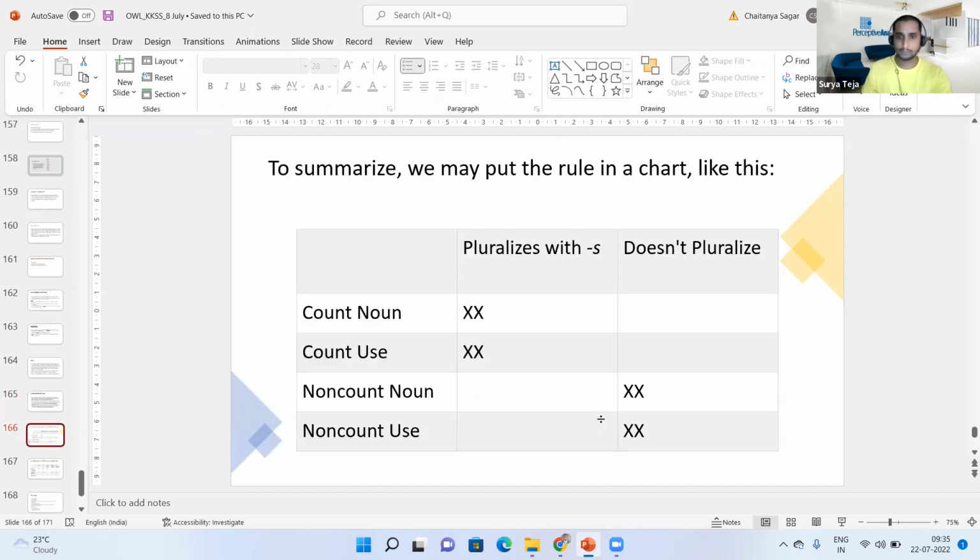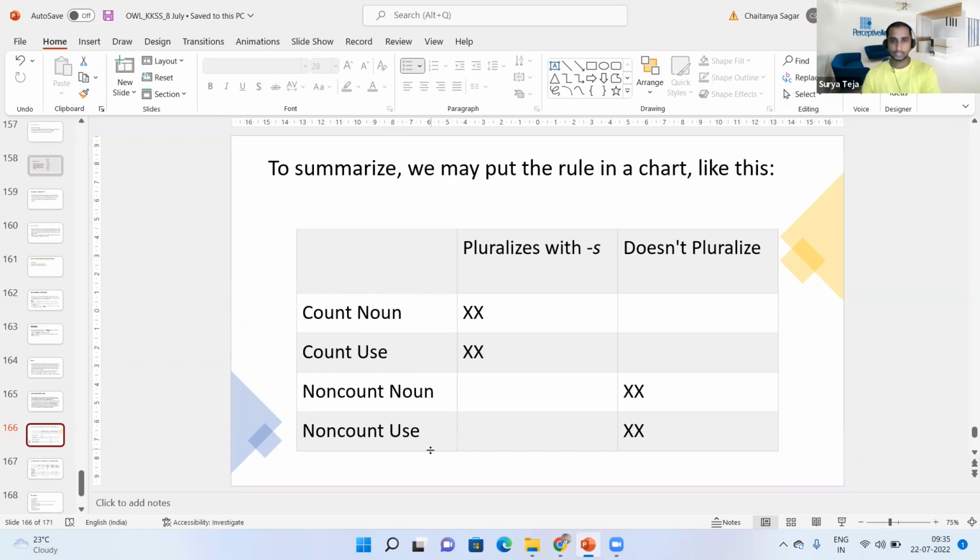Just to summarize, these are the rules in this particular table. In general, a count noun can be pluralized. That is why we have a tick mark there. Count use can be a count noun or a non-count noun. Any non-count noun or count noun which is used in a count sense can be pluralized. So a count noun in general can be pluralized, and a count noun and non-count noun used in a count sense can be pluralized.